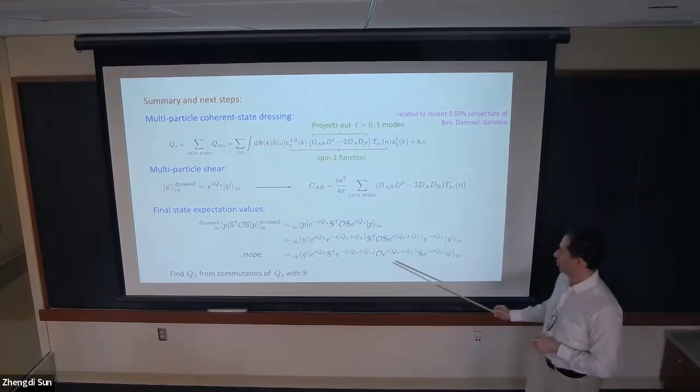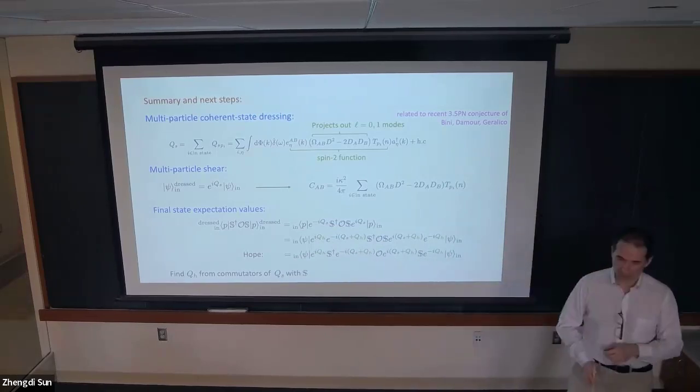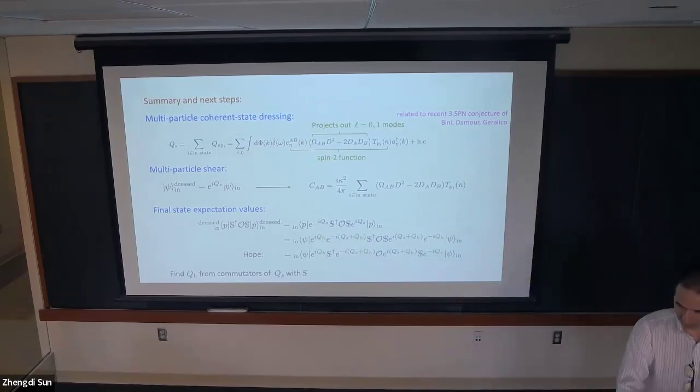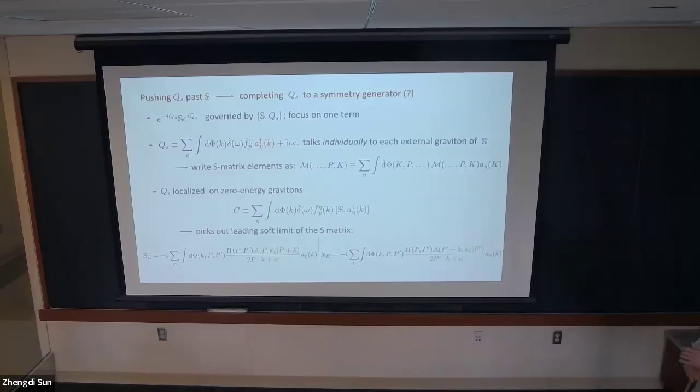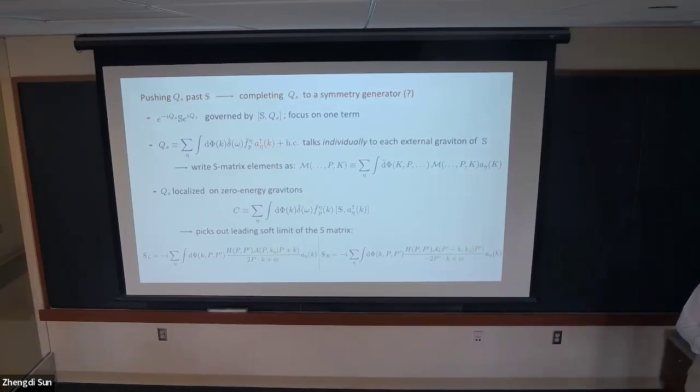So we will try to compute Q_H by looking at the commutator of Q_S with the S matrix. This calculation is somewhat similar, at least in spirit, to the one that I described two years ago or so, a year and a half. So I'm sure everybody remembers the details of that.